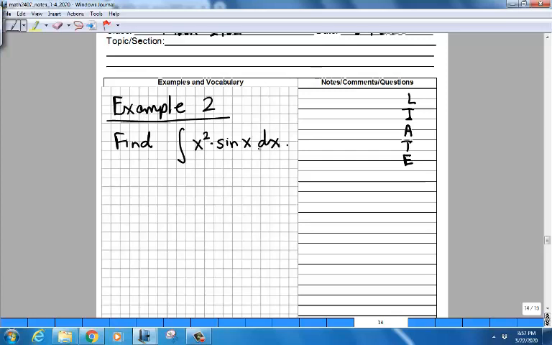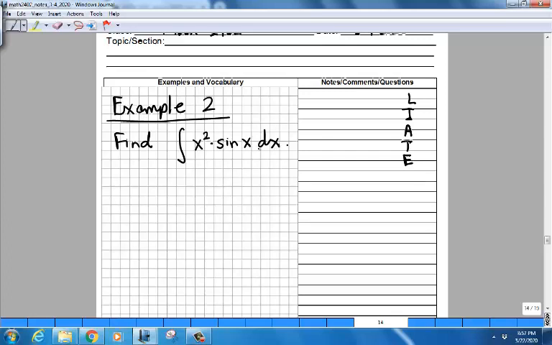And remember now we're going to have to pick the u and the dv, and I'm going to use the LIATE method again to pick the u. So the LIATE method says what? To pick the u, if you have a log in your integrand, use that as the u. But obviously we have no log here. Next, if you have an inverse function in the integrand, you will let u be the inverse function, but none of these functions are inverse functions, so that's not helpful.